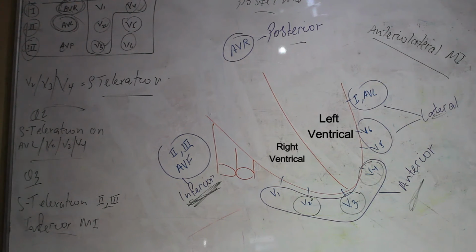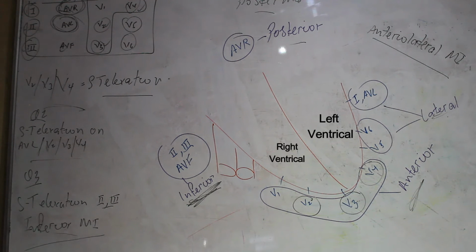Let's say you have a new question. You have ST elevation on V2, V3, V4 plus lead 2, lead 3.